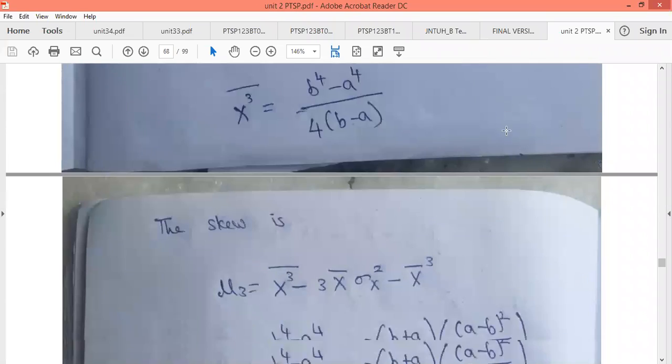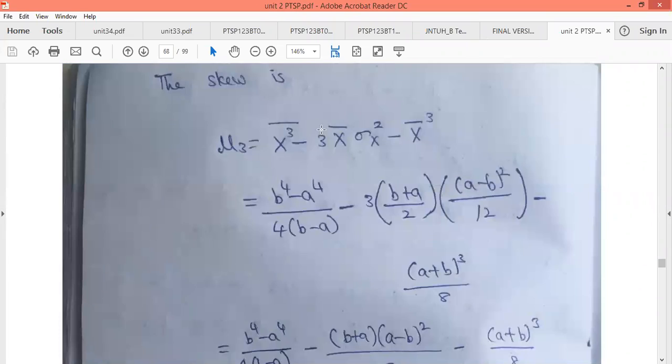We substitute all these values here. X cube bar we already found just now: it is (b power 4 minus a power 4) by 4(b minus a), minus 3 times x bar, which is (a plus b) by 2, times sigma x square, which we got as (a minus b) whole square by 12, minus ((a plus b) by 2) whole cube, that is (a plus b) cube by 8.